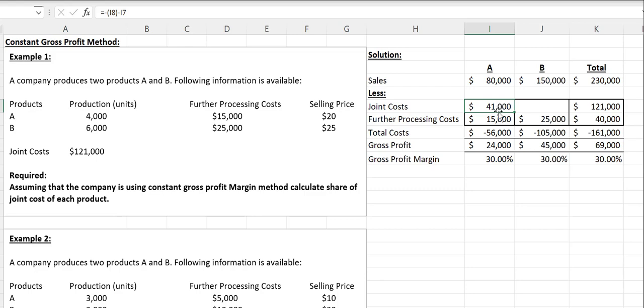So 41 plus 15 will give us a total cost of 56,000, and if you subtract it from 80,000, we'll get the gross profit of 24,000, and if you find the gross profit margin, it will be 30%.